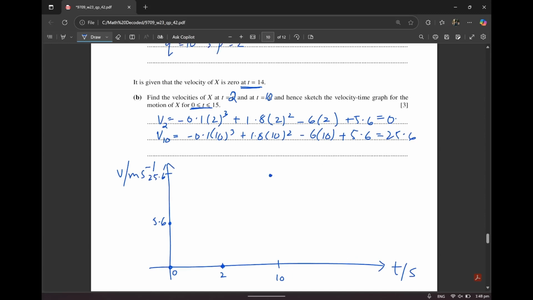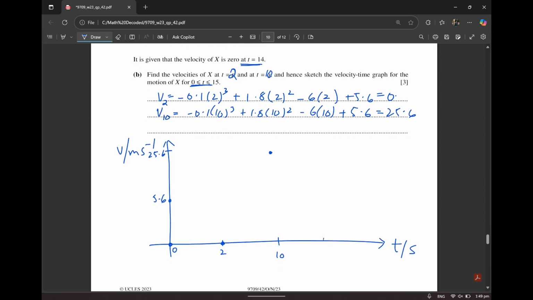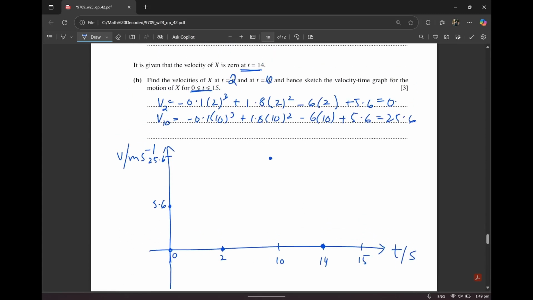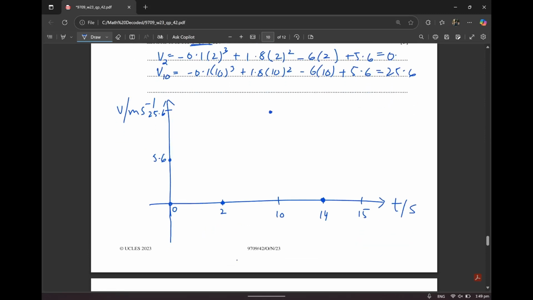And then I know that when my time is 14 seconds, my velocity is again 0. And I don't know about 15 though. 15 is something that I don't know, so I'll have to figure it out. I'll just plug in t is equal to 15 into my equation.